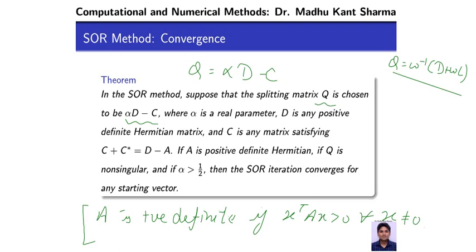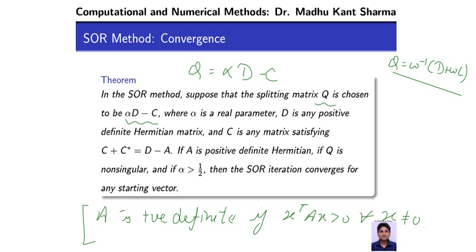Okay, right. There are other criteria as well for positive definite: if all the eigenvalues are strictly greater than 0. Okay, right. That's also one of the criteria.